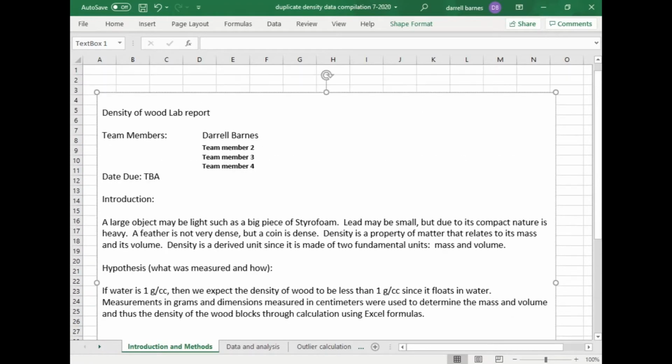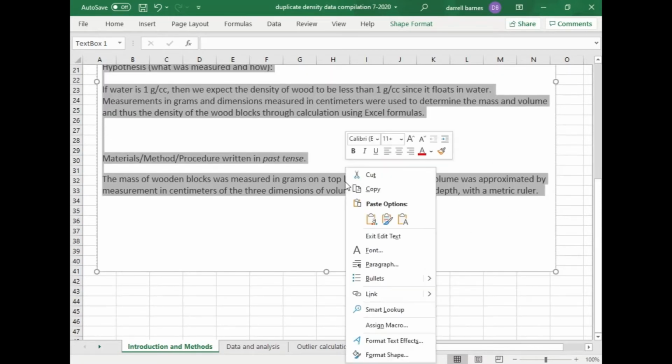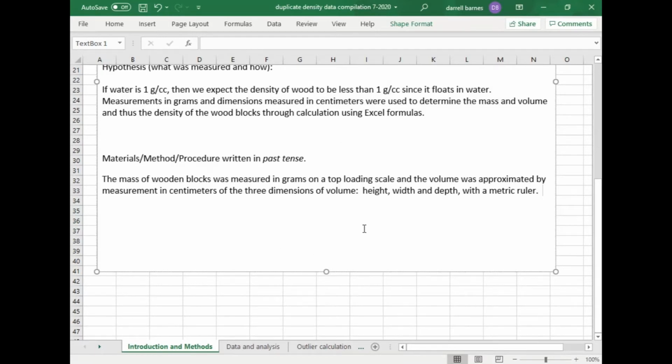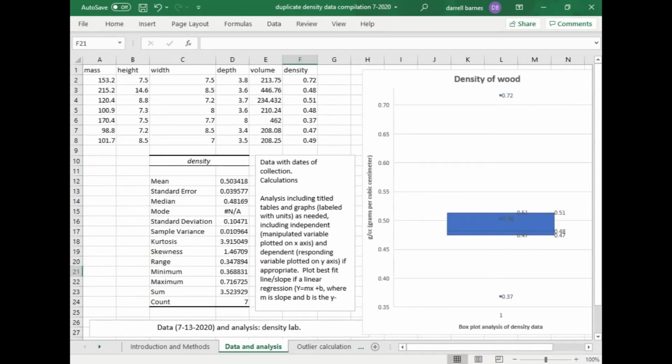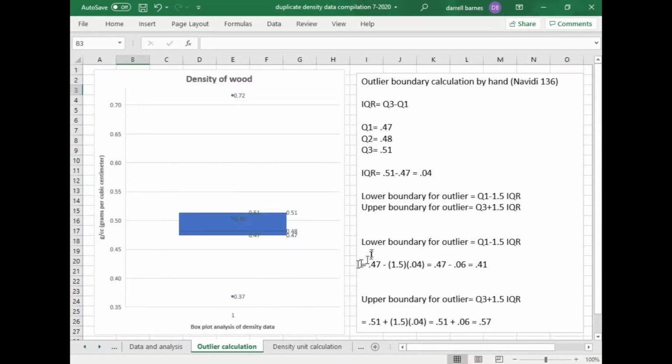Now, bear with me for just a second. Is there a way to do a check on that? A spell check, edit? We might go back and figure out if we can do that so that we can catch some errors. Since you and I have been together last, you've seen this data and data analysis page already, but I did an outlier calculation.